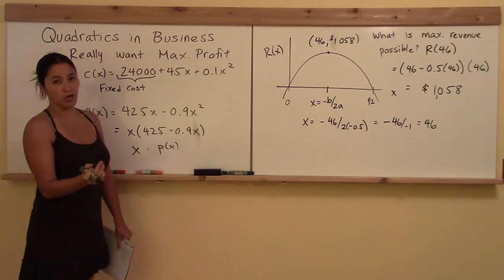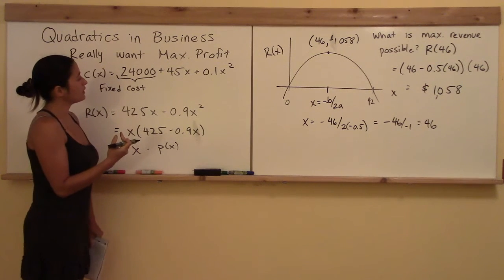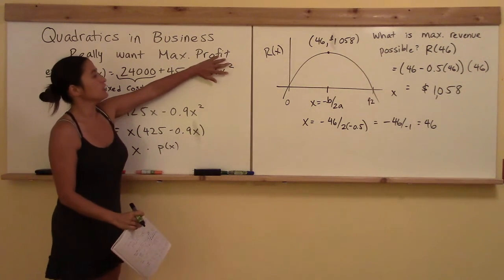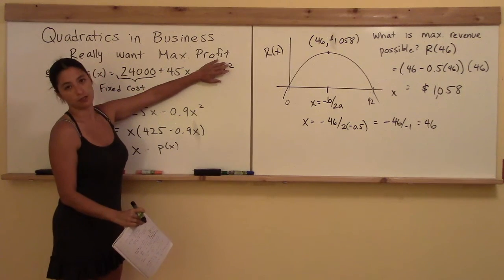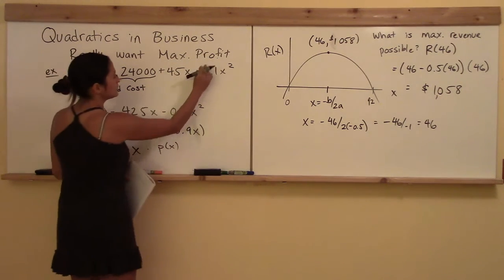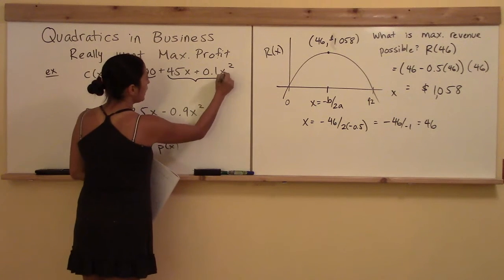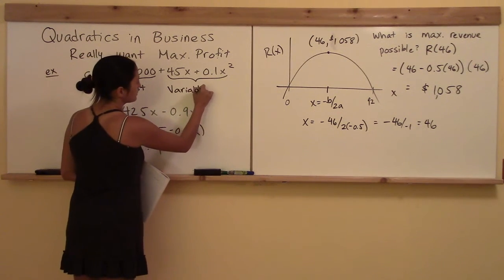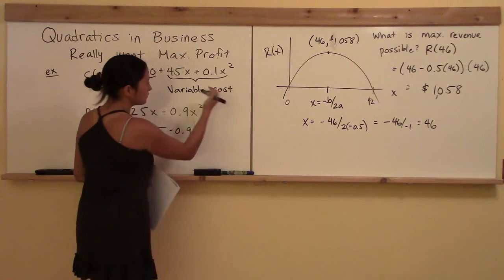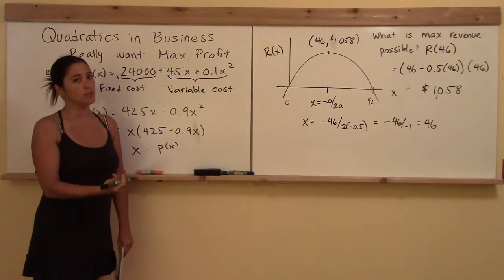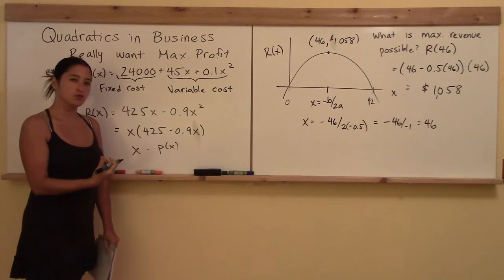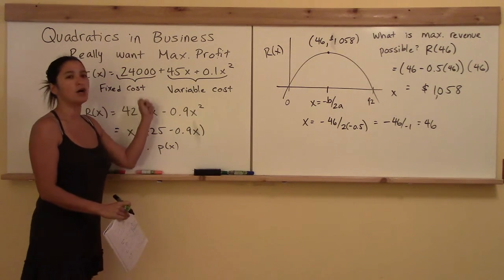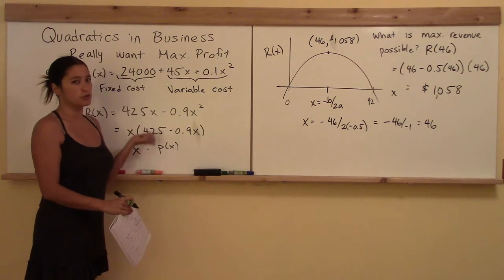And then my variable cost, I just want to show you that this is different than linear functions. In a linear function like this, your variable cost would just be the linear term. But now, with the addition of a quadratic term, this entire x-dependent cost is my variable cost, okay? So keep in mind that your variable cost now includes a quadratic term, and if you want to consider the marginal quantities, you can no longer just take the $45 as your conceptual marginal quantity.